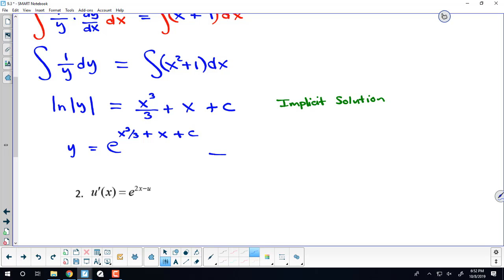So the way that we look at this to be a little bit more conducive to the solution is we've got e to the x cubed over 3 plus x. We have that times e to the c.